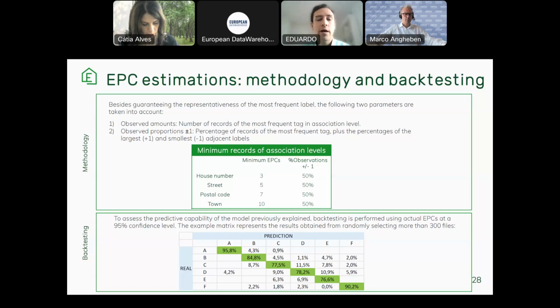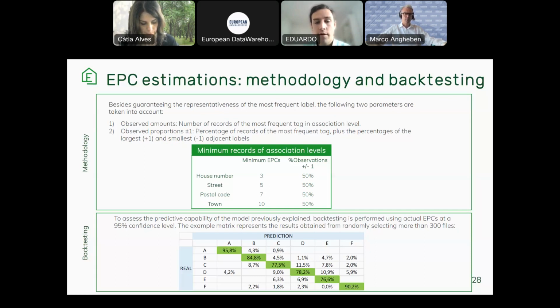And then we need to have enough proportion of +1, -1. So if we are going to assign the C label, we need enough observations in the range going from B to D. With this enough adjacent information, we can perform.